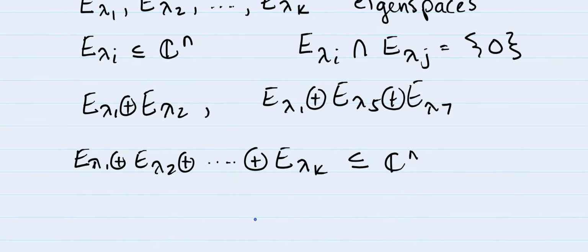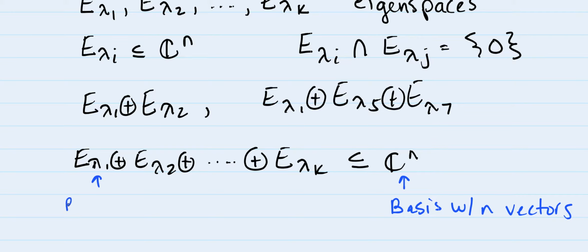Well, remember that Cn has a basis with n vectors. Each one of these eigenspaces has a basis. Let's call it B lambda 1, basis B lambda 2, and so on.